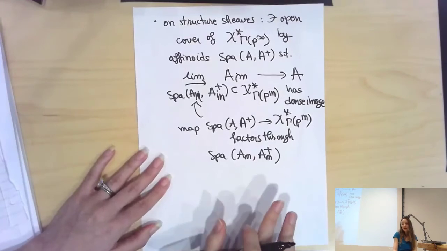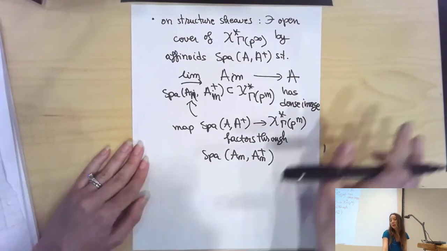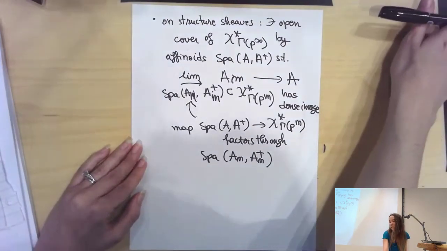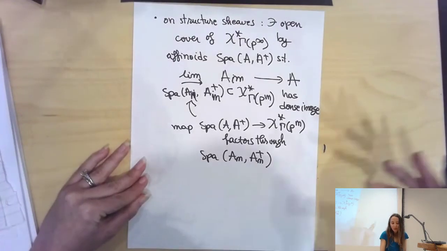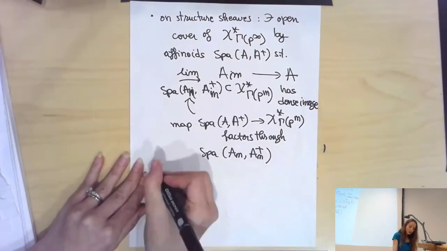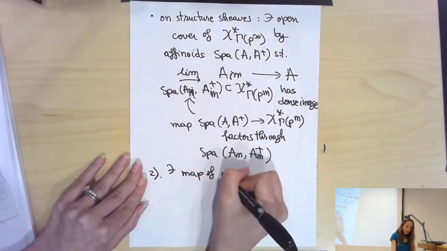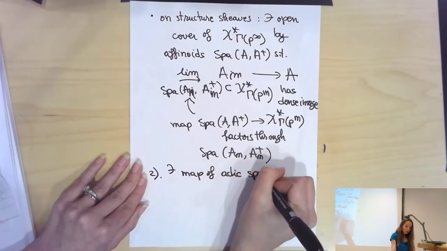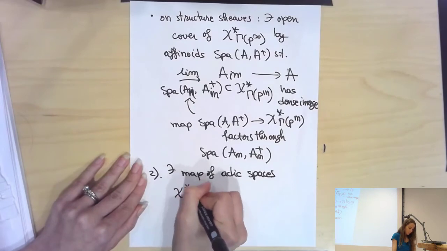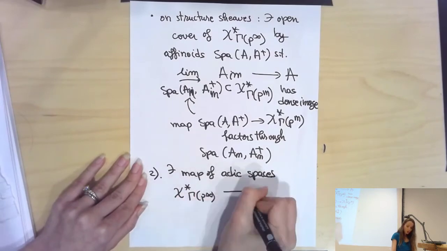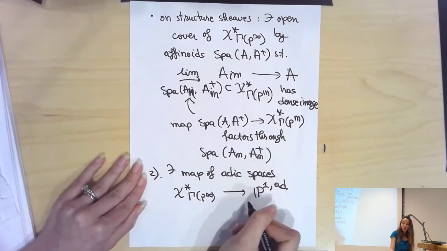Okay, so that's the idea. And I said I have two statements in this theorem, and the first statement is saying essentially that the modular curve with infinite level at p is perfectoid. And the second statement is that there exists a map of adic spaces from this perfectoid modular curve to a much simpler adic space, the adic space corresponding to P^1.